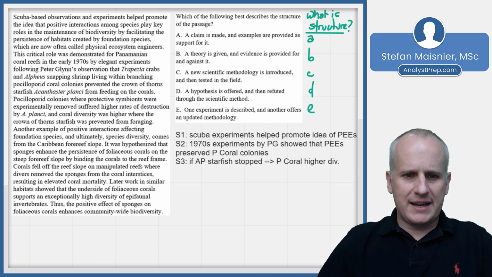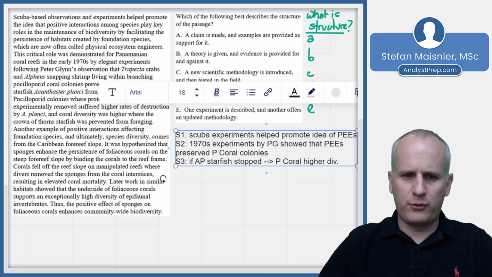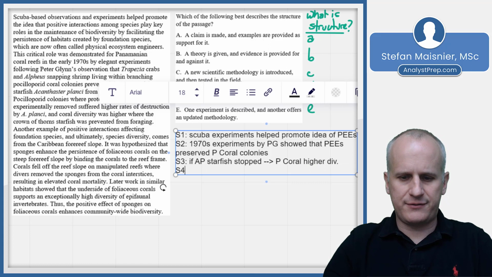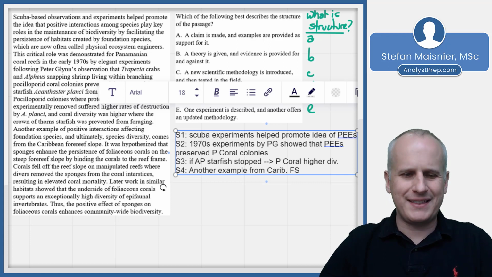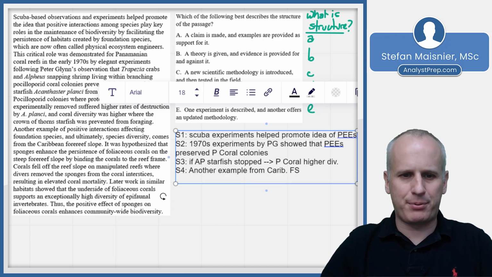Then, another example of positive interactions affecting foundation species and ultimately species diversity comes from the Caribbean fore reef slope. Okay, so S4 is just going to be another example from the Carib FS, for fore reef slope. It was hypothesized that sponges enhance the persistence of, we'll just call them F corals, on the steep fore reef slope by binding the corals to the reef frame.